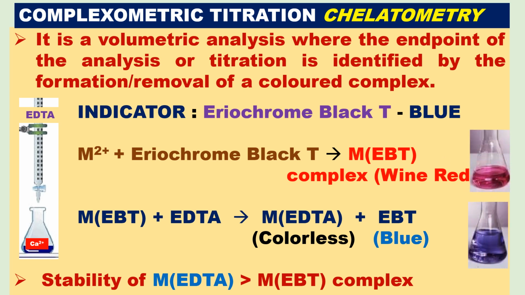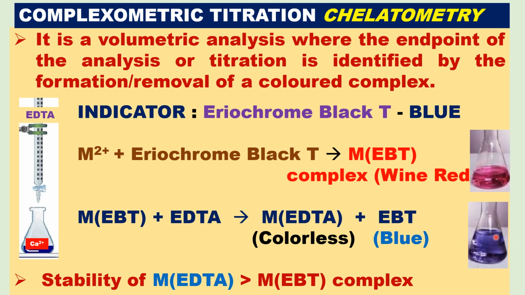Now, on adding EDTA from the burette to the conical flask, what will happen? EDTA will form a stable complex with the calcium ion. So the metal Eriochrome Black T complex is replaced by the metal EDTA complex, which is colorless, and the Eriochrome Black T is released, which is blue in color.